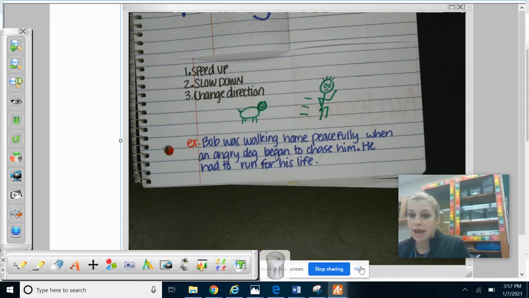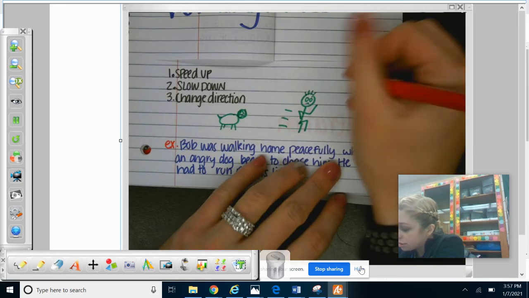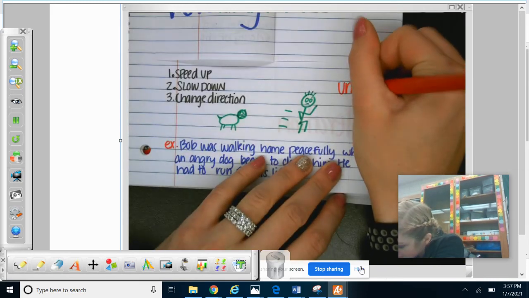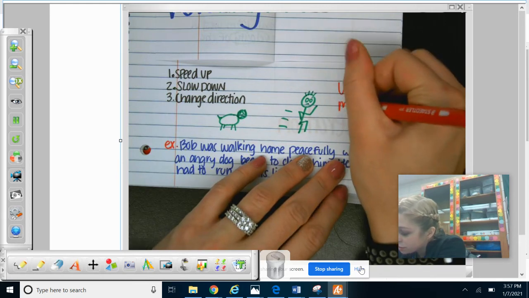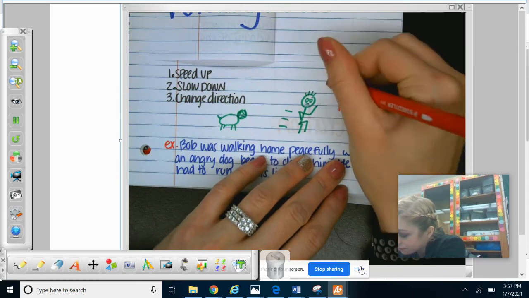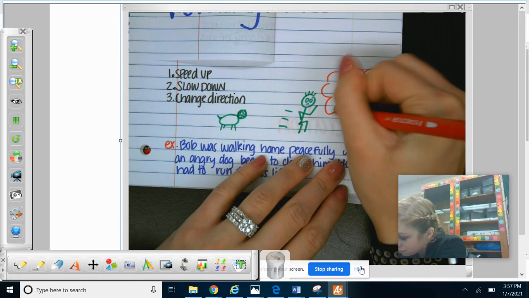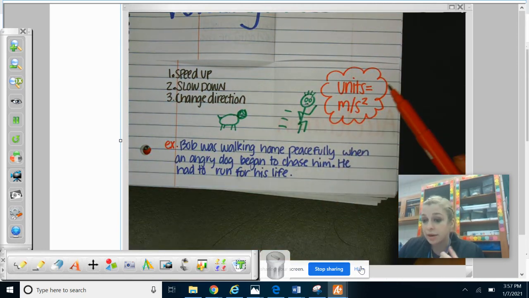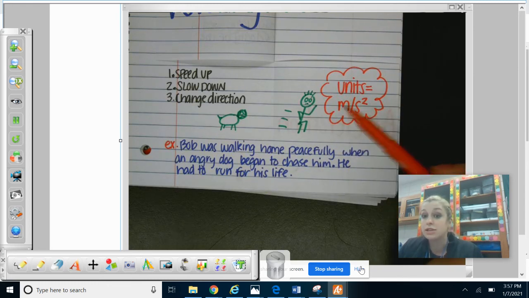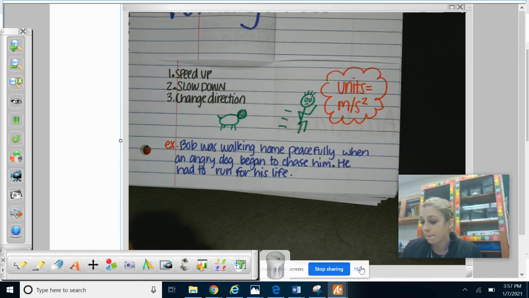Another thing that you need to add because you need it is the units. The units for acceleration are always going to have a squared. So it could be miles per hour squared, meters per second squared, yards per second squared, but it's always going to have a squared.